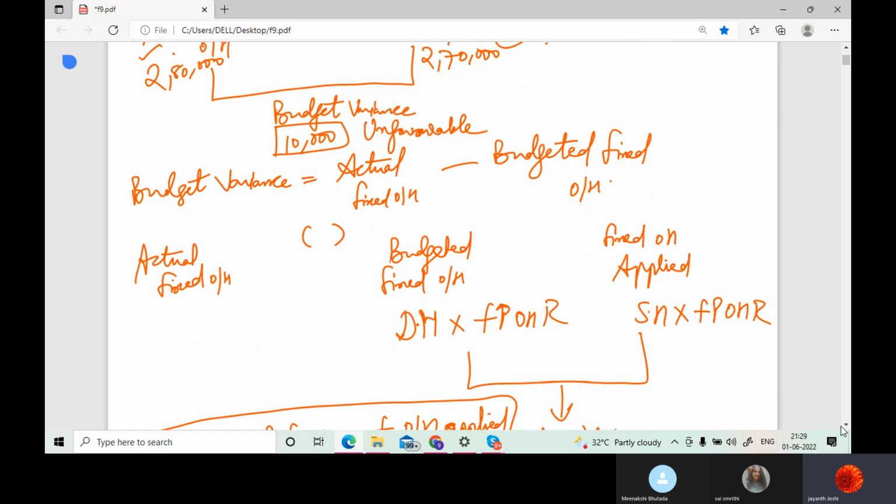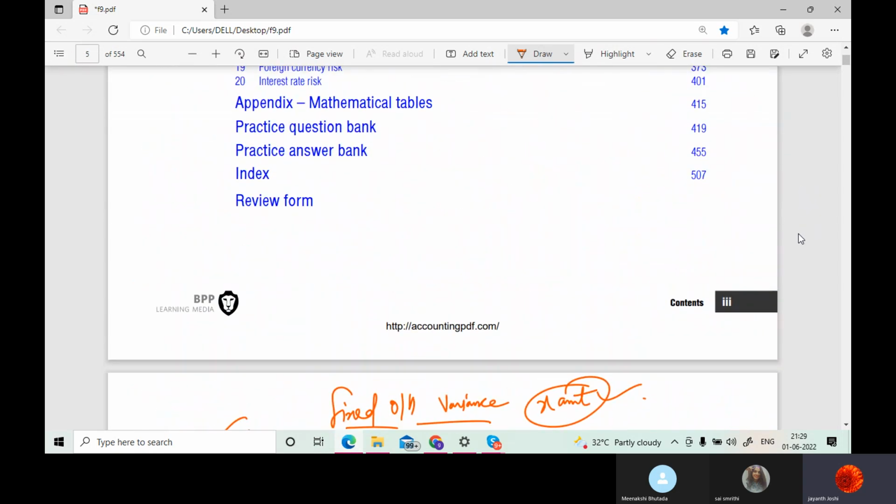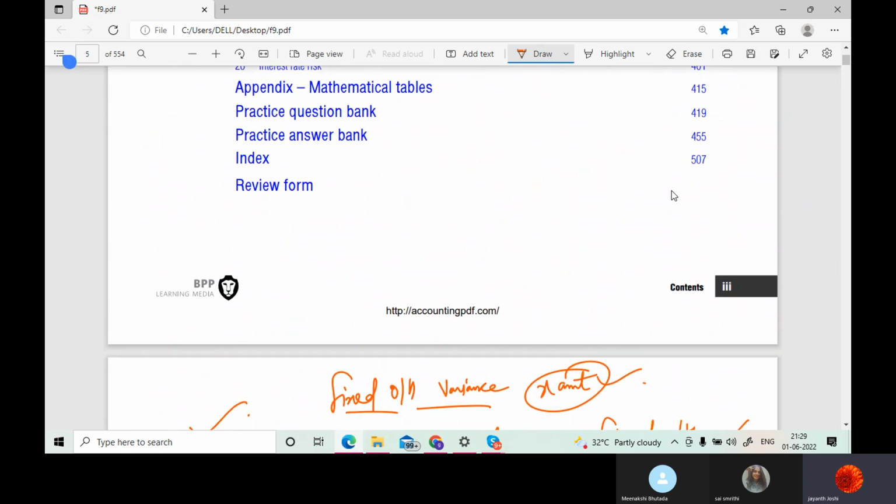So let's do this. Now what we'll do is we'll find out the fixed predetermined overhead rate. Okay. So from the question, you can see that the actual fixed manufacturing overhead is how much?